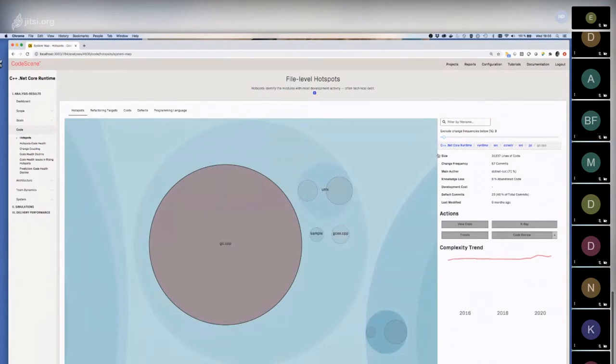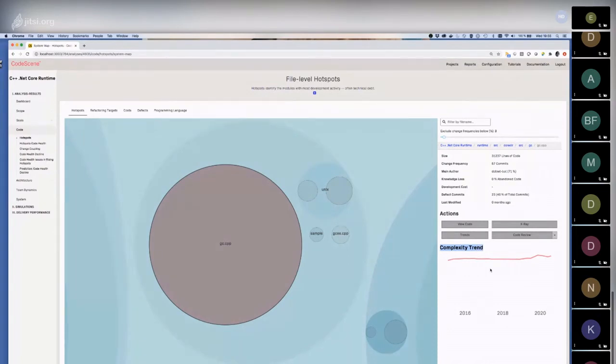We see here that according to CodeScene, the size of this file is 31,000 lines of code. The only reason we have a lower number here is that we parse out blanks and comments and stuff like that and subtract that. And we can also see down here something called a complexity trend. I haven't talked about that yet.